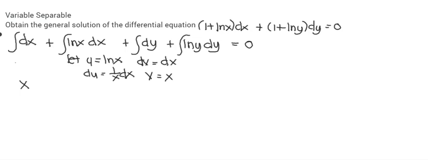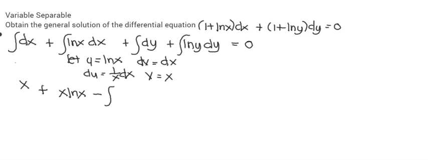The same thing will be applied with ln of y. So we apply integration by parts. Our u here is ln of x, then v is x. So we have x ln of x minus the integral of v du.